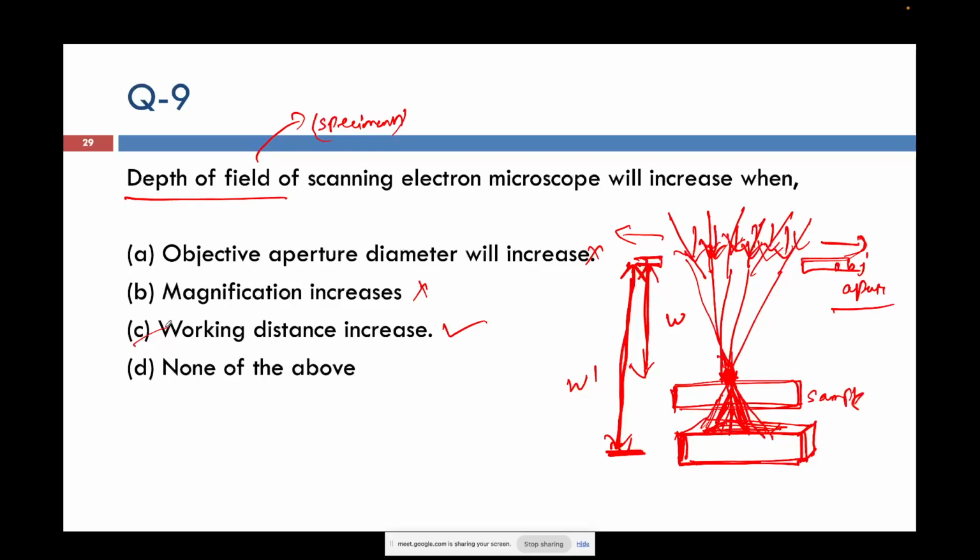Generally in scanning electron microscopy we keep a fixed working distance, and if we want to see other features, then we change the beam current and other things. We generally do not change the working distance, because it will affect resolution. That is correct, because in that case the probe diameter will also increase, and once the probe diameter increases from, let's say, a single-digit nanometer to a two-digit nanometer, it will affect resolution.